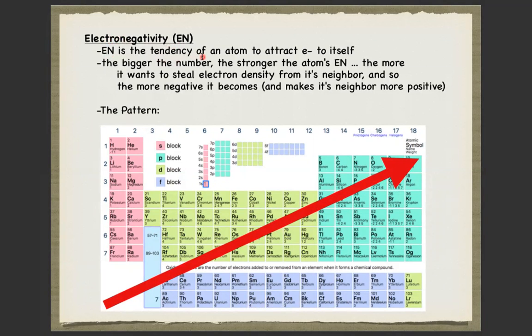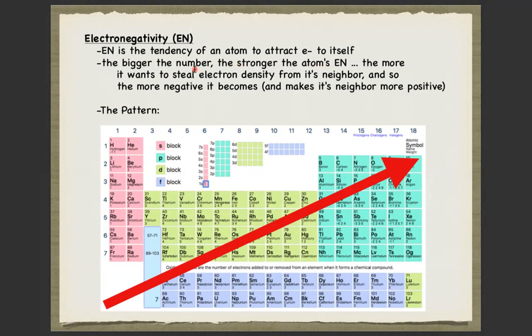Electronegativity is the tendency of an atom to attract electrons to itself. So the bigger the electronegativity number, the stronger that atom's ability to attract electrons to itself.